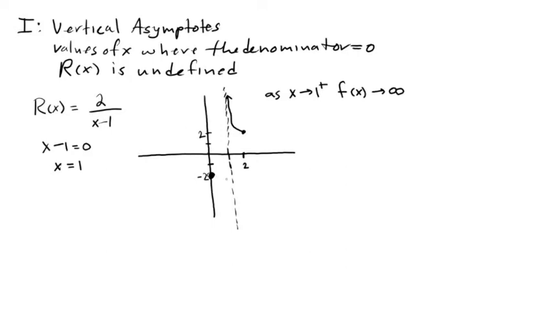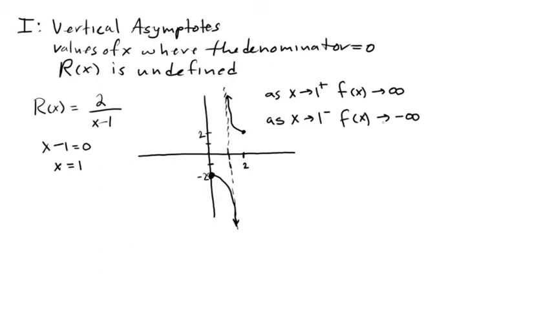Look at what happens as I approach 1, get closer and closer to 1. What's going to happen is the function is going to get closer and closer, but it's never going to touch and it's never going to cross. So as x approaches 1 from the left, f of x is just going to shoot down. It's going to approach negative infinity.